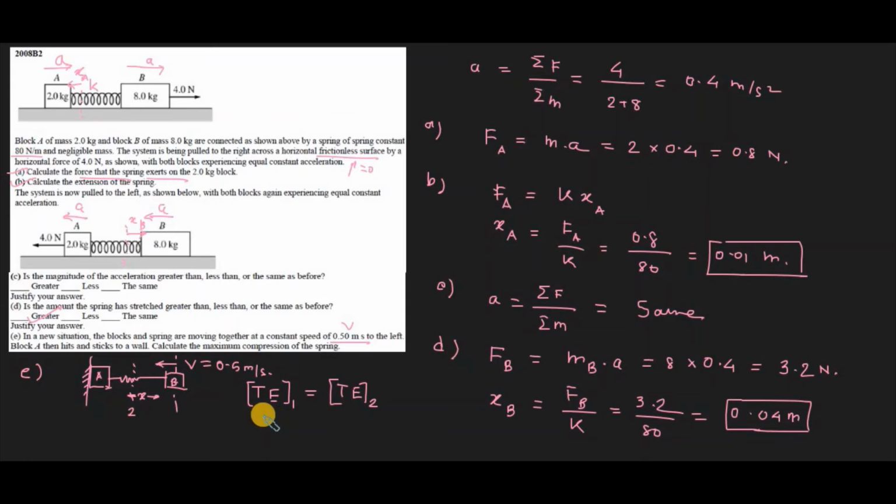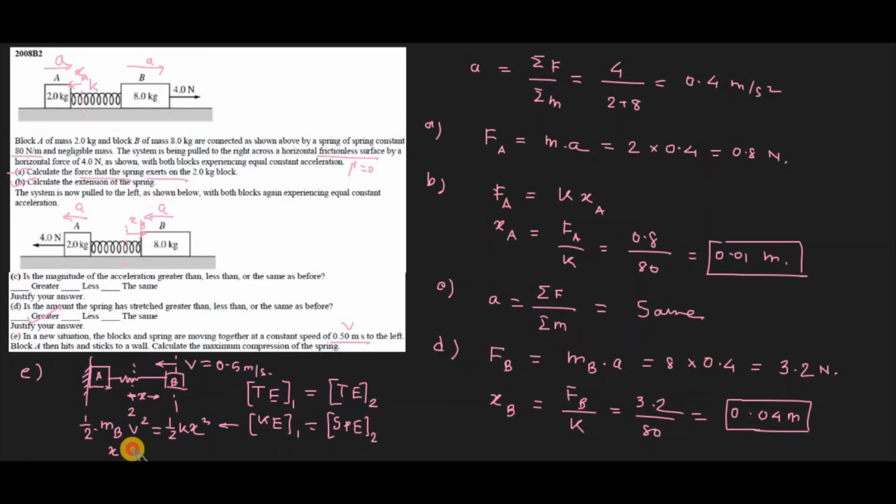At the first position there is no compression on the spring, so the kinetic energy at position 1 is equal to the spring potential energy at position 2, since the second block also comes to rest at position 2, so the velocity would be 0 and the kinetic energy would be 0. Now, the kinetic energy of the B block, half times the mass of the B block times velocity squared, is equal to half times k times x squared.